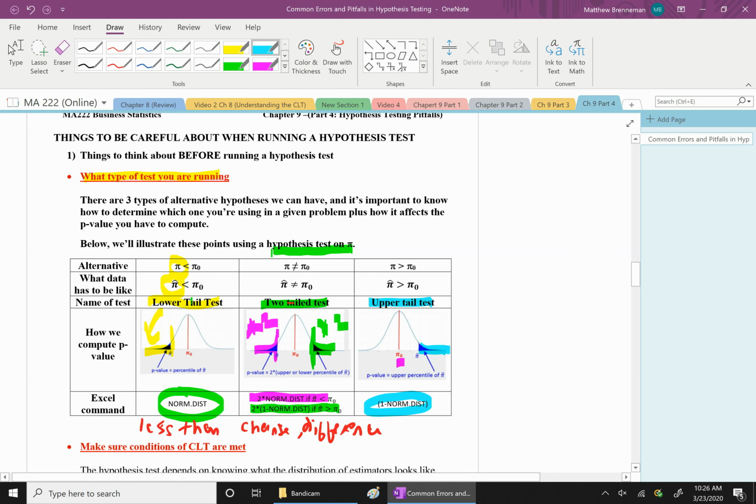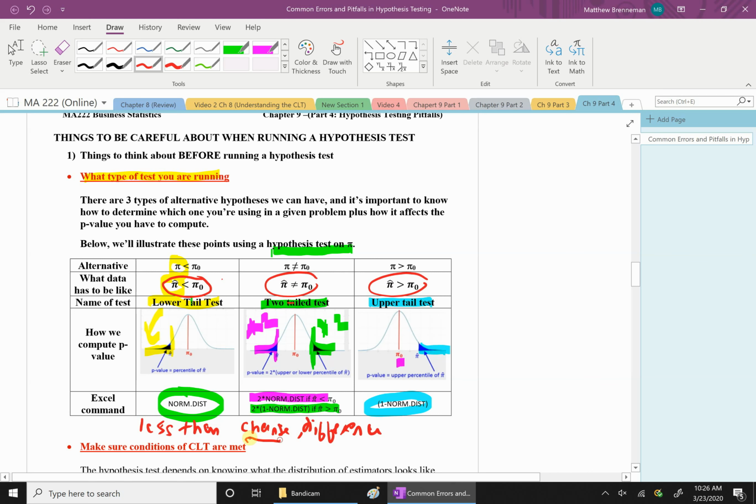And again, the way that you're going to determine this is you're going to look at the estimator. The estimator always has to be in favor of the alternative, and you're also going to look for language. So here you're going to be testing to see if it's less than the value you would believe under the null hypothesis. Here you're testing to see if there's a difference.